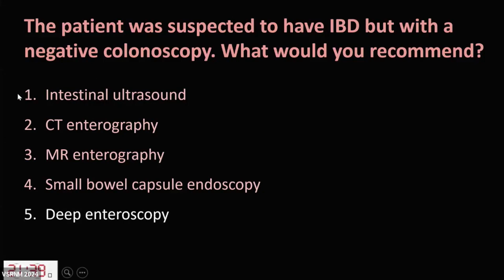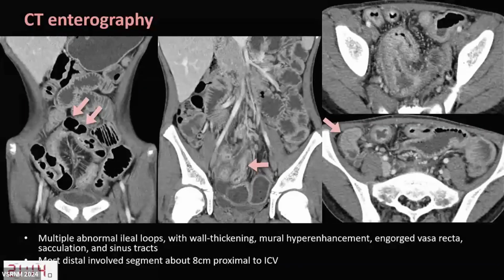So these cross-sectional imaging methods can be considered, chosen based on the preference of the clinical doctors and the facilities in the hospital, and we can also consider capsule endoscopy. And deep endoscopy is more invasive, so it can be used when we really need biopsies. So the patient goes to have a CT enterography.